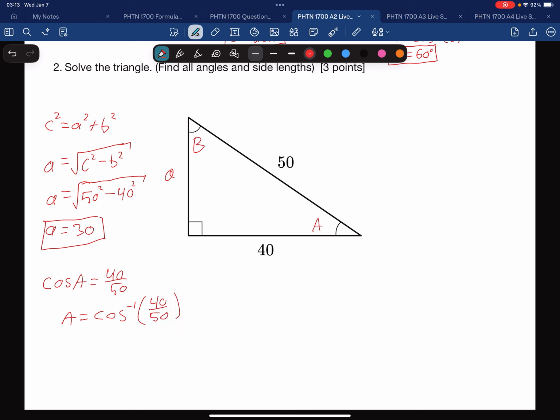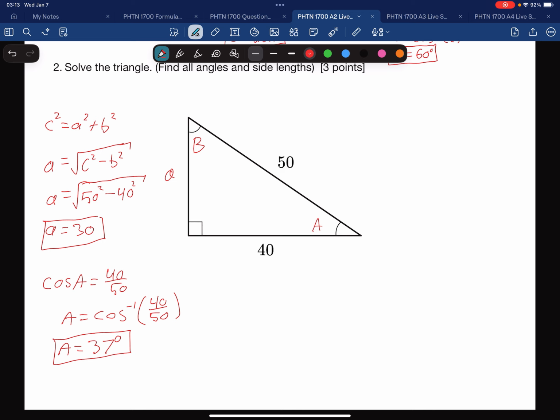Now, of course, you could reduce that fraction or turn it into a decimal, doesn't really matter. Up to you. And here in my calculator, I am punching these in very quickly, and I got, let's round that to about 37 degrees.